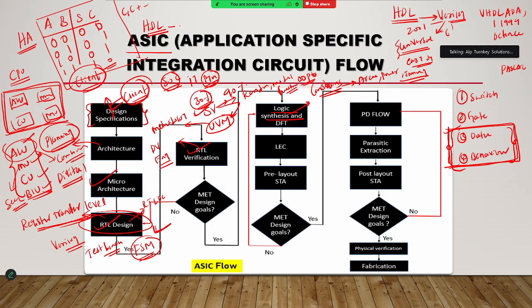This HDL will convert our program into hardware. What is the hardware? Gate level netlist. Converting the program into a gate level netlist is what we call synthesis.